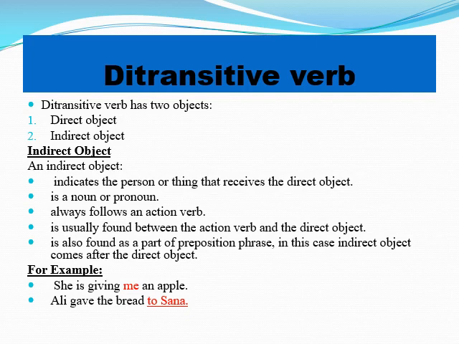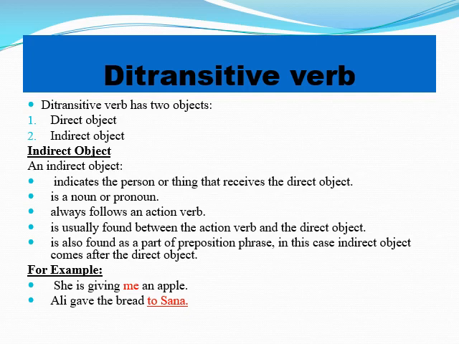Now notice the order of this example. First comes the subject she, then verb giving, then indirect object me, and then direct object an apple. In this example, the indirect object comes between the action verb and the direct object.